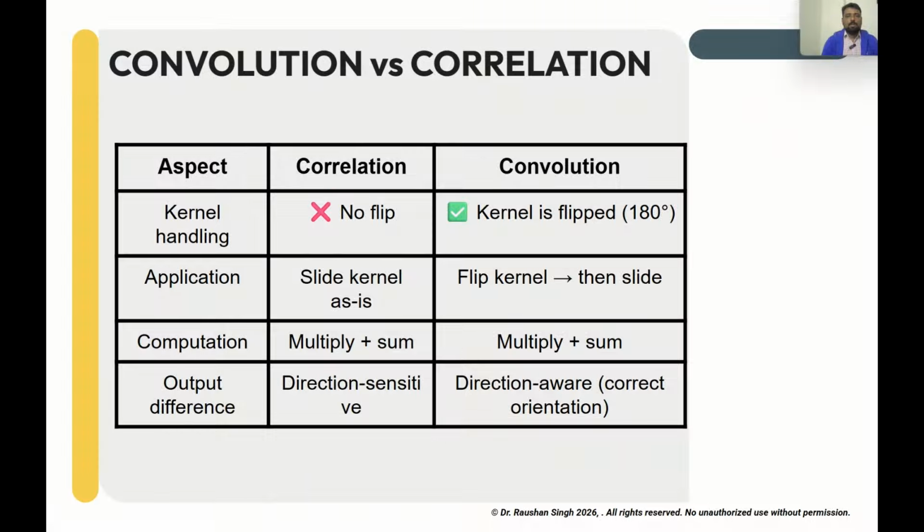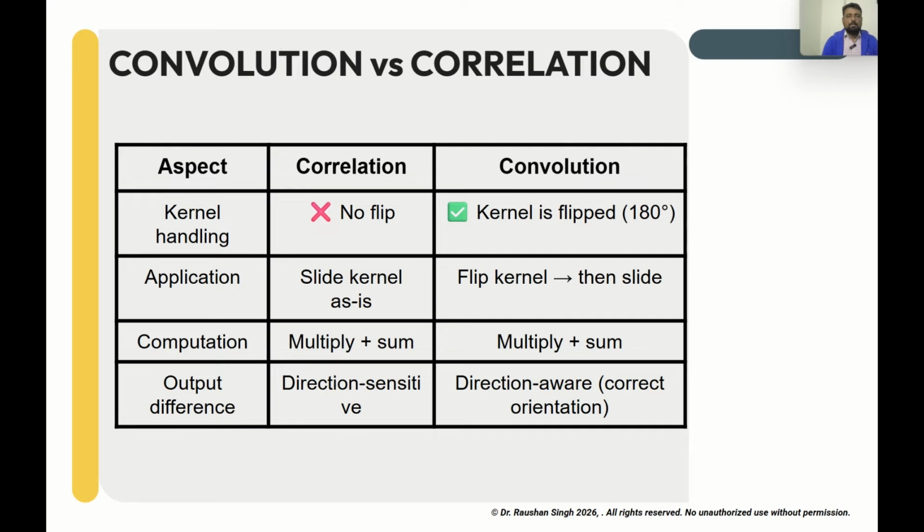The kernel is applied as it is in correlation, but in convolution it will be flipped. In computation, correlation multiplies and sums, and convolution also basically multiplies and sums. That means with the kernel, we multiply and add in the computation process.